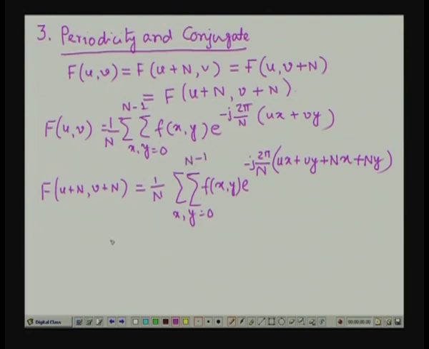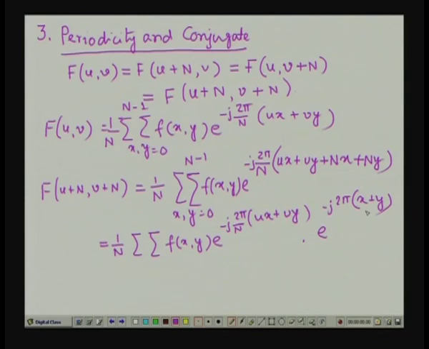Now, if we take out this Nx and Ny in a separate exponential, the expression takes the form 1 upon capital N, double summation f(x,y) e to the power minus j 2 pi upon capital N (ux + vy), into e to the power minus j 2 pi (x + y).